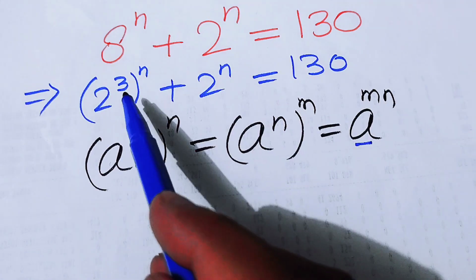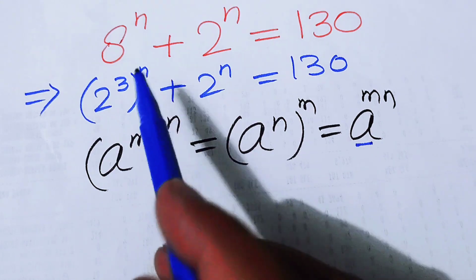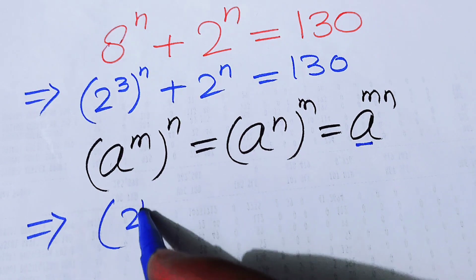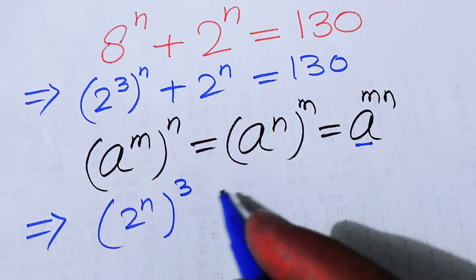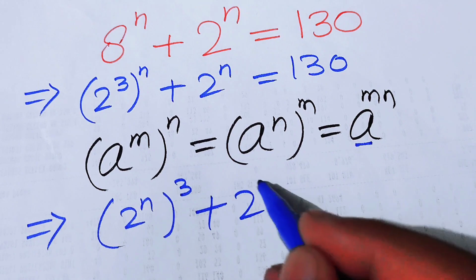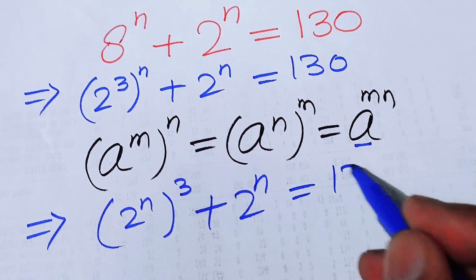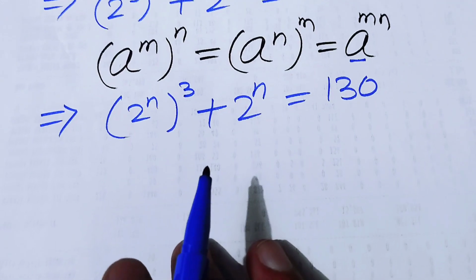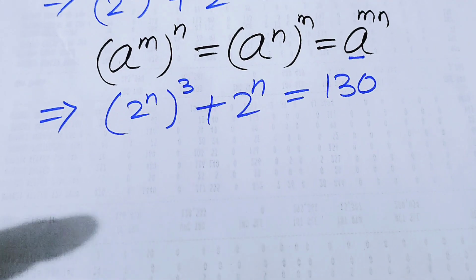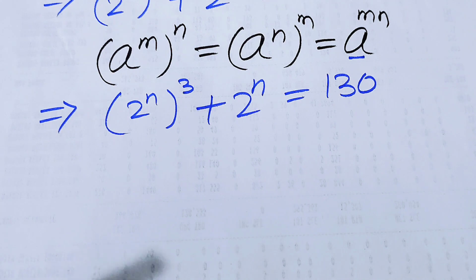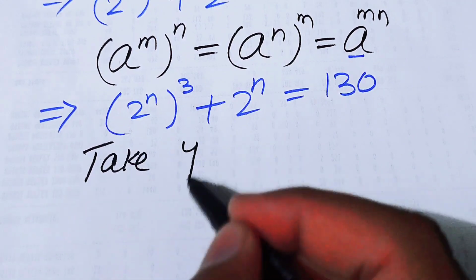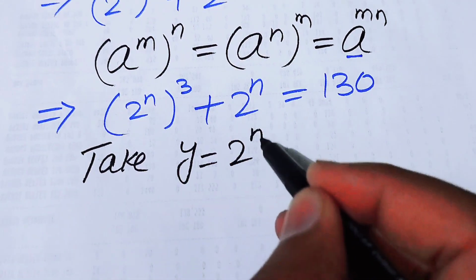So here we will interchange these two exponents and we will get the output in the form of 2 to the power of n and its whole cubed plus 2 to the power of n is equal to 130. After that we will change this exponential equation into the cubic form, so that we will take y is equal to 2 to the power of n.